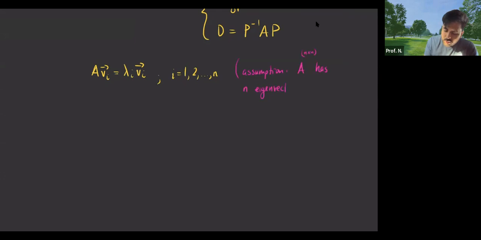Let me write this better: the assumption is an n by n matrix A has n eigenvectors.